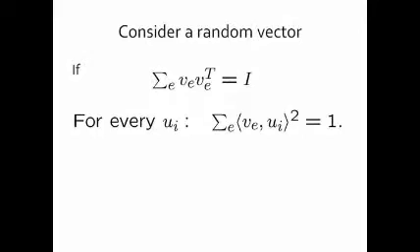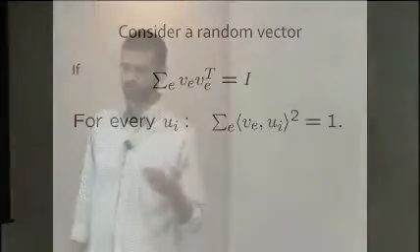So why would anyone start looking at this? Well, you can go back to what we were doing. If I have a decomposition of the identity, some sum of v_i v_i transpose equal to the identity, then for every eigenvector u_i of whatever matrix I have at any point, indeed for any unit vector, the sum of squared projections onto my v_i is equal to 1. That was just by construction.